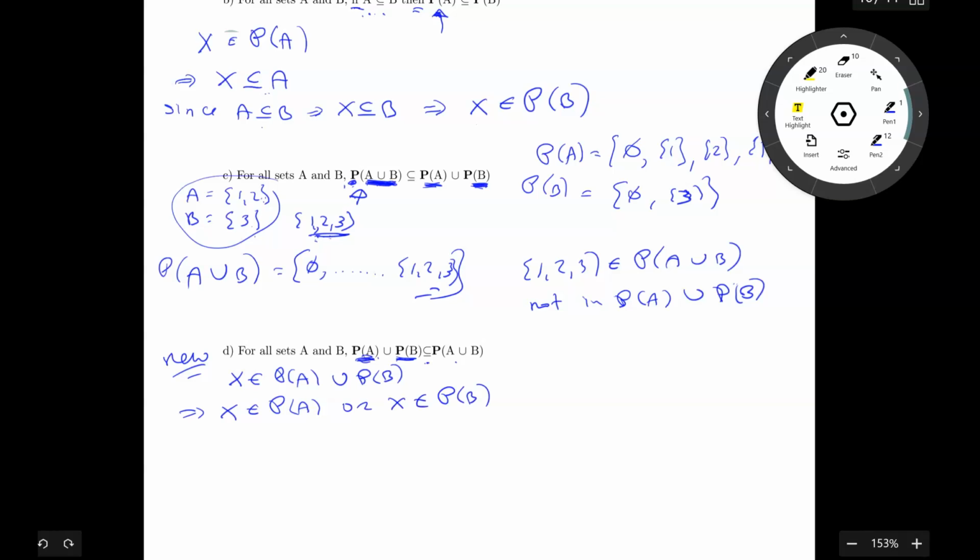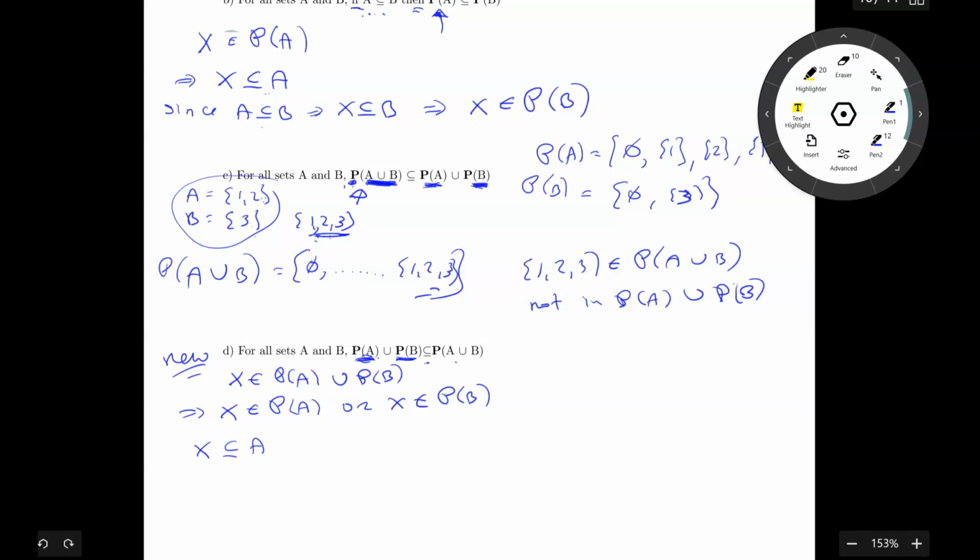So first I have to say, okay, let's take a set and make it an element of the power set of A or the power set of B. So that means that X is an element of the power set of A, or X is an element of the power set of B. So that means X is a subset of A, right?